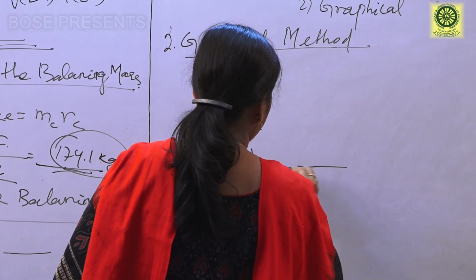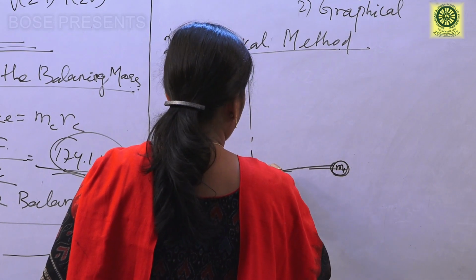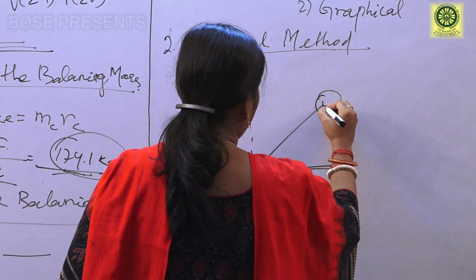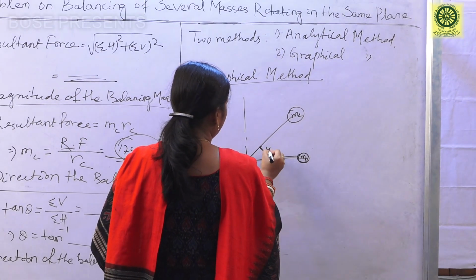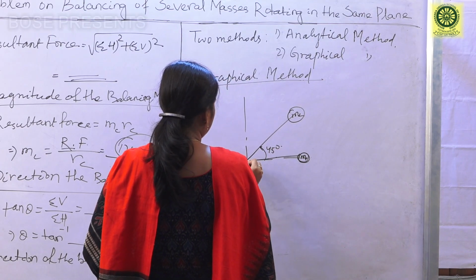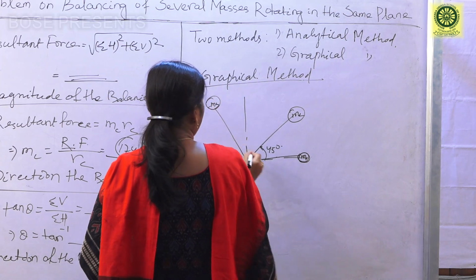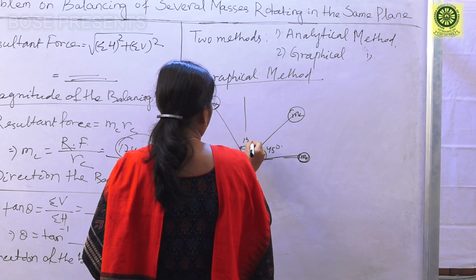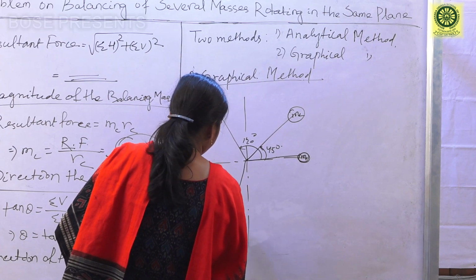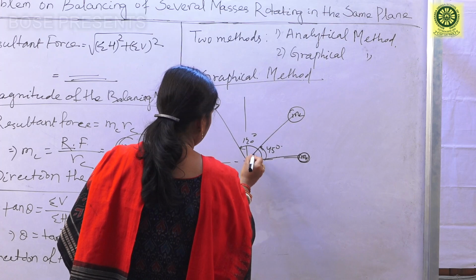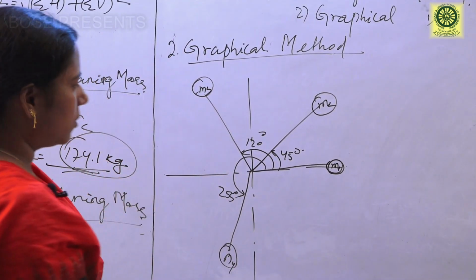This was here M1 and this is M2. By using your protractor, you can take this angle also. This is 45 degree and this is M3, that is 120 degree, and this is M4, 255 degree. That has been given here.